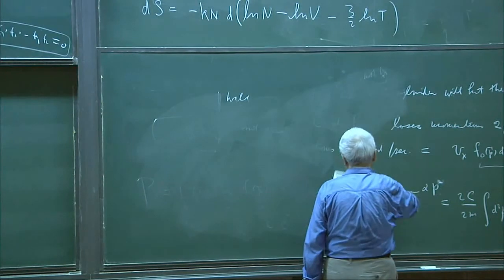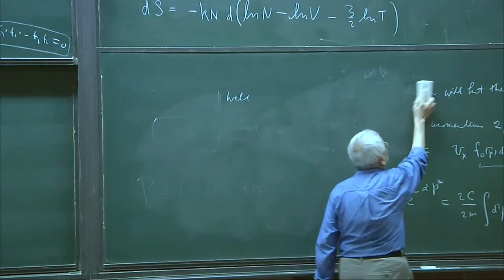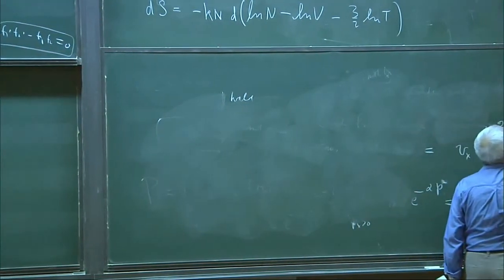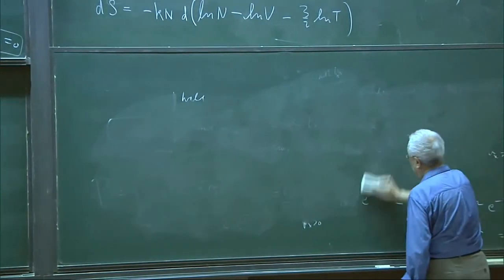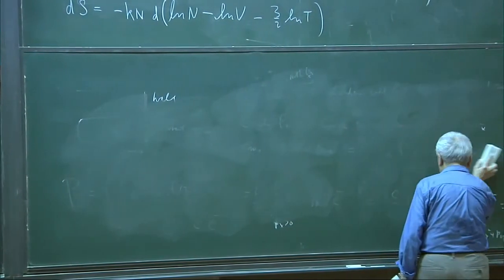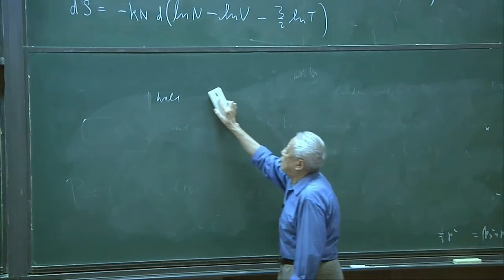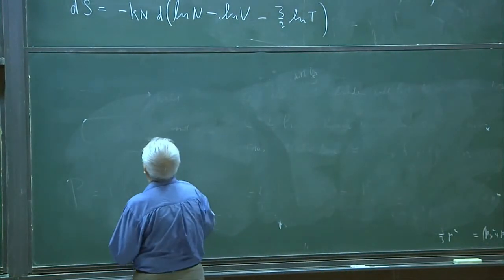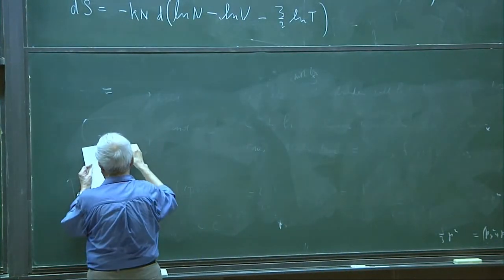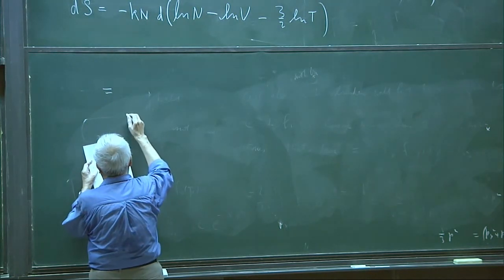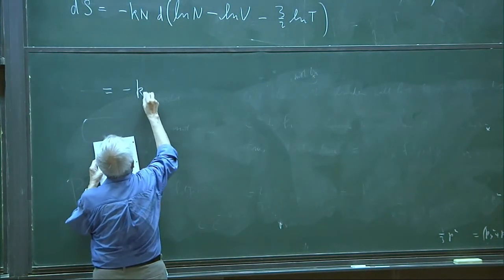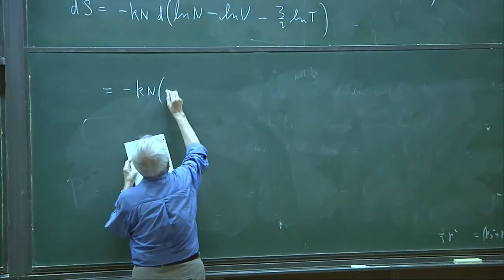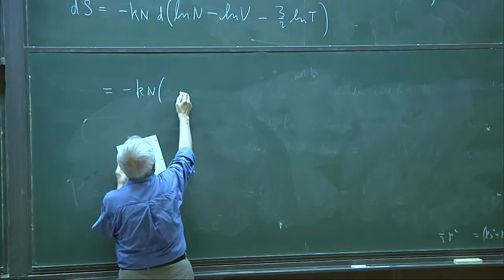And the differentials are kind of straightforward. You get minus nk times, the log n is a constant, so that doesn't contribute.